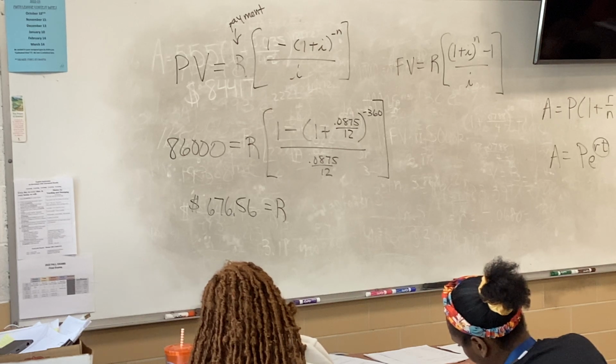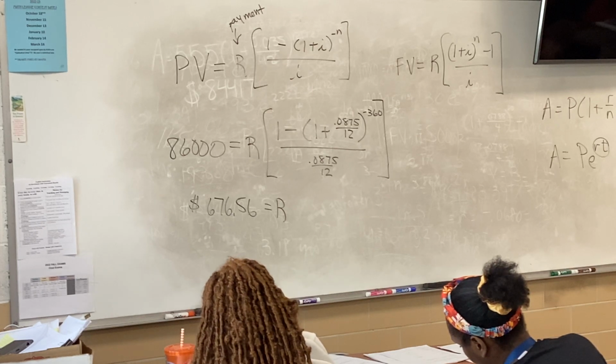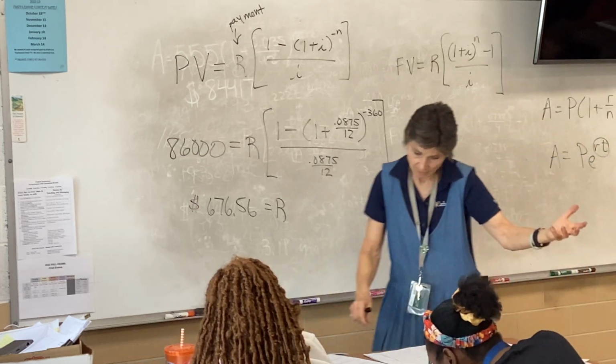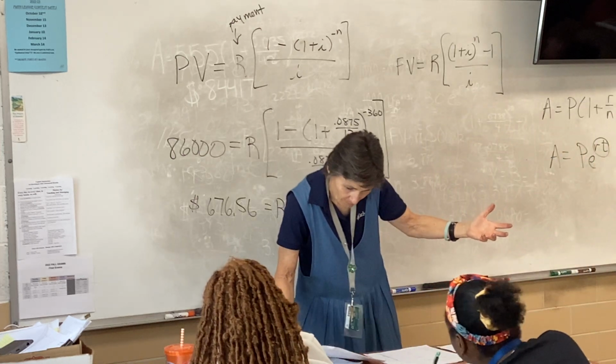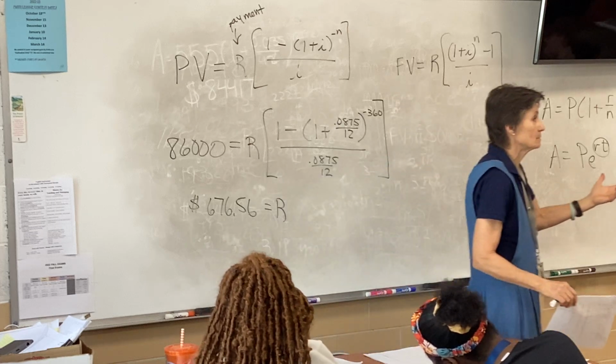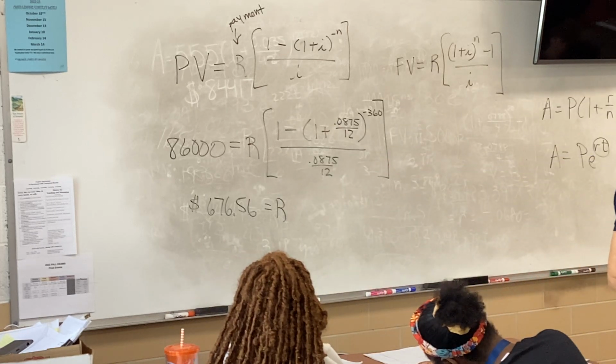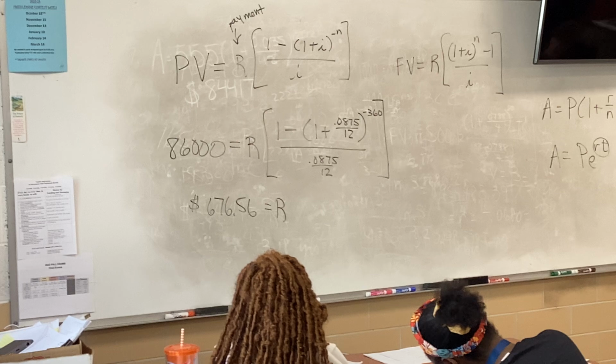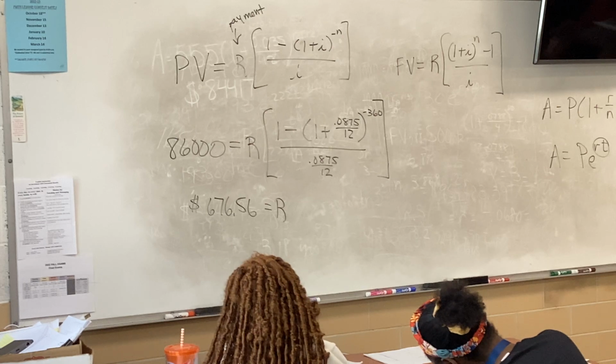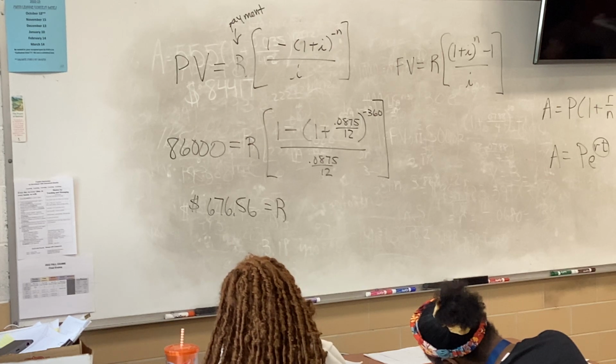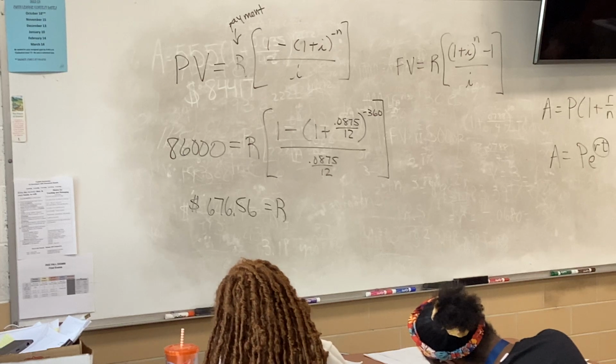No, she's going down to the bank, handing them whatever, $8,000. And she's not coming back until it's $16,000. Guys, do you see the difference? She's not making a payment every month.